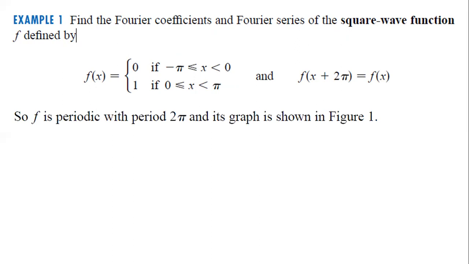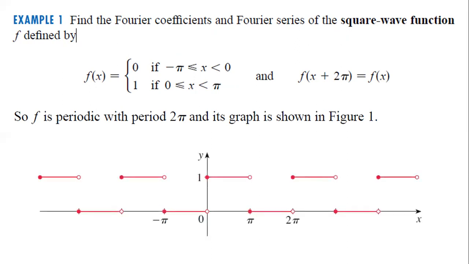So f is periodic with a period of 2 pi, and we can graph the given function as shown in figure 1, similar to this one. From negative pi to 0, the value of the function is 0, and it is 1 if x is from 0 to pi.